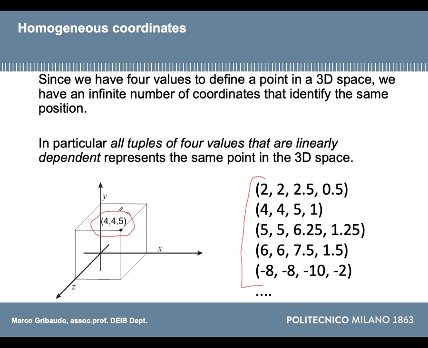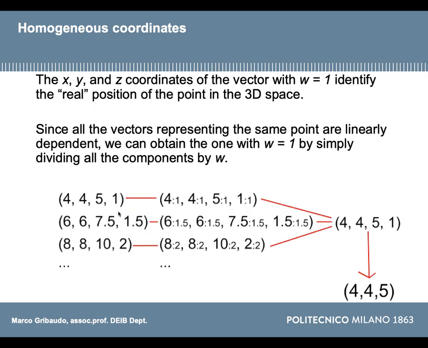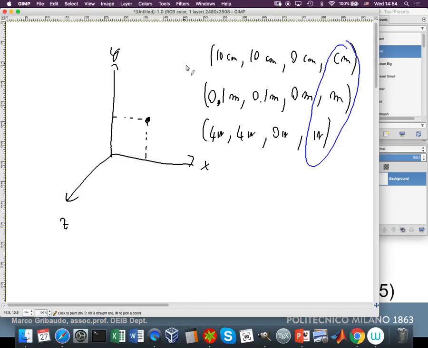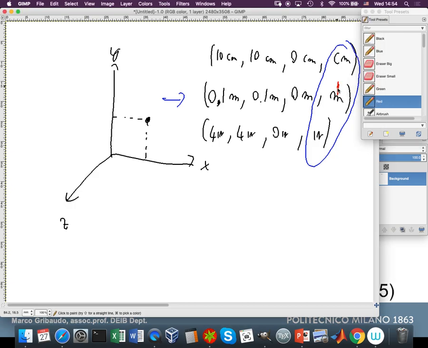They all represent the same point. So the main idea is that we focus on one coordinate system. For example, let us focus on meters. The one expressed in meters will have 1 in the last component.